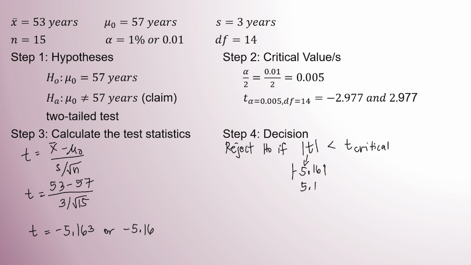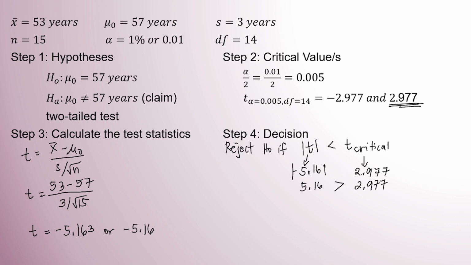This is 5.16. Pero ang critical natin, ang gamitin natin yung positive na para kumbaga ay na-absolute value din natin siya. So, 2.977. On the other hand, dahil mas malaki itong 5.16, in absolute value kasi natin siya, this is greater than 2.977.